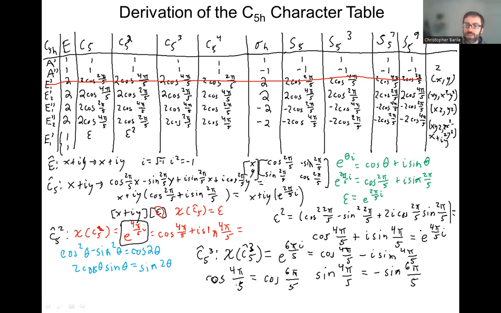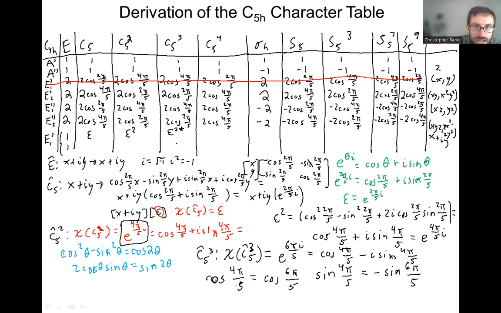And so that looks exactly like e to the 4 pi over 5i, except the i component is negative. So it's the complex conjugate of this value. Complex conjugate means the same complex number, except you make the imaginary part negative. Epsilon squared was equal to e to 4 pi over 5i. We just have the complex conjugate of that. So our value here is the complex conjugate of epsilon squared. We use an asterisk notation to notate the complex conjugate.